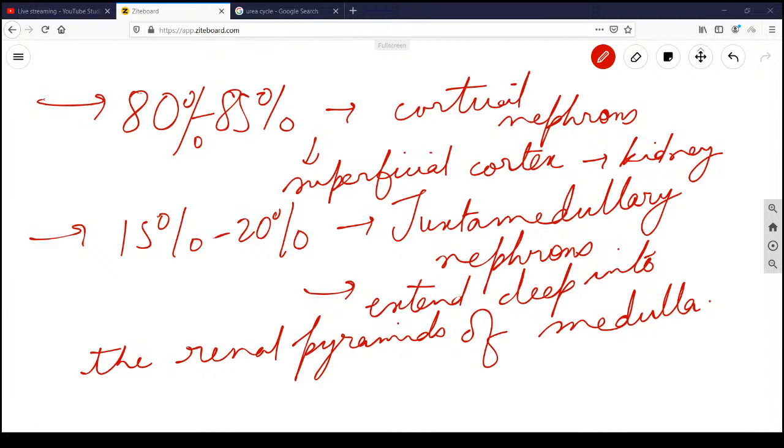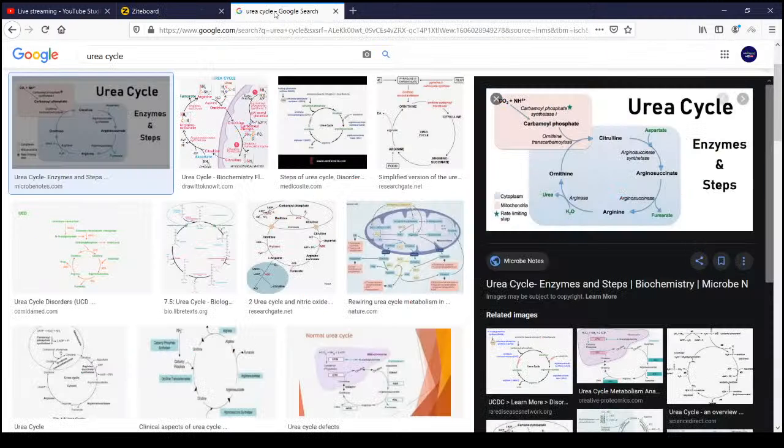Look at this cycle again: CO2 plus NH3 plus one ATP, but two phosphoanhydride bonds are broken, so it is counted as 2 ATP energy.